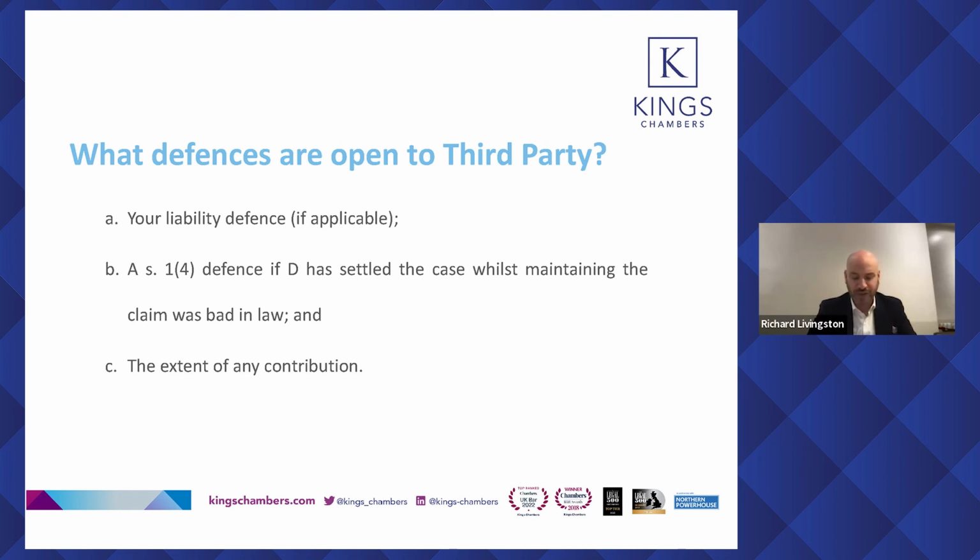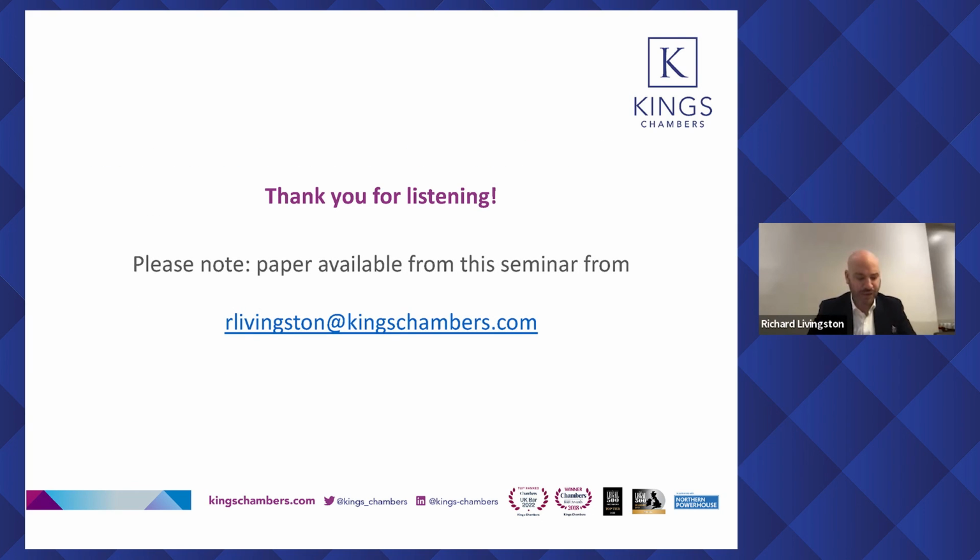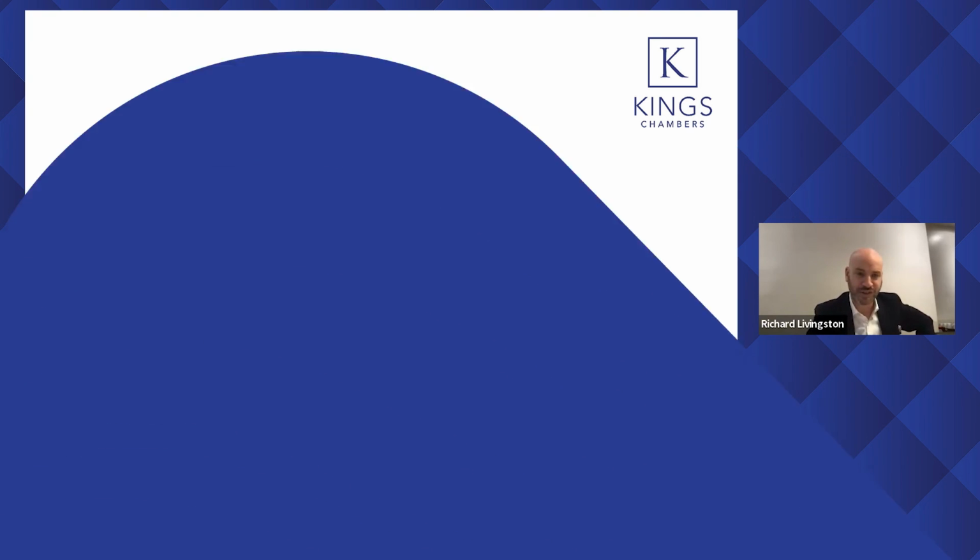Although unless the defendant treated the claimant themselves and the contract or service agreement is unambiguous, you may struggle to resist a claim for a full indemnity in those circumstances.